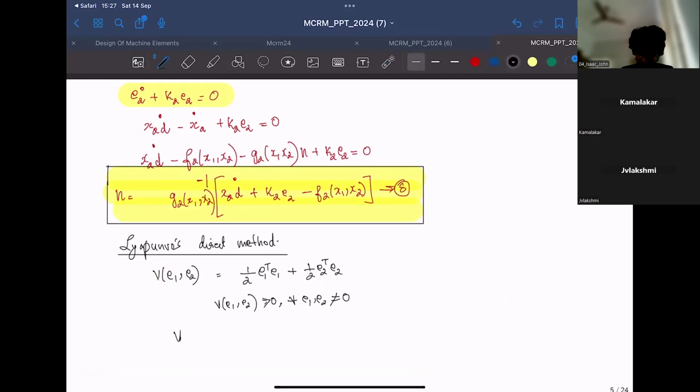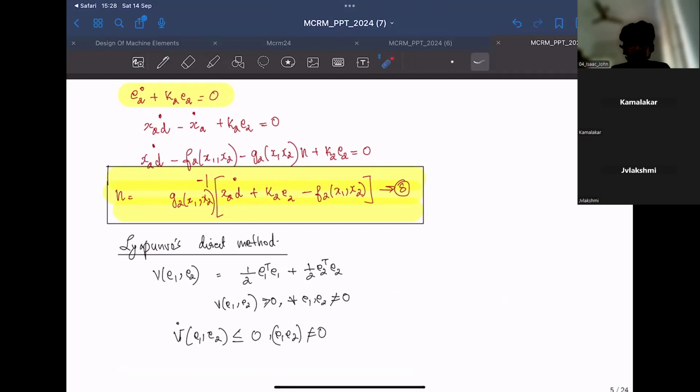And if you know that the derivative of this function, v dot of E1 comma E2, is less than or equal to 0 everywhere, for all E1, E2 not equal to 0, then the Lyapunov method states that the system is asymptotically stable.